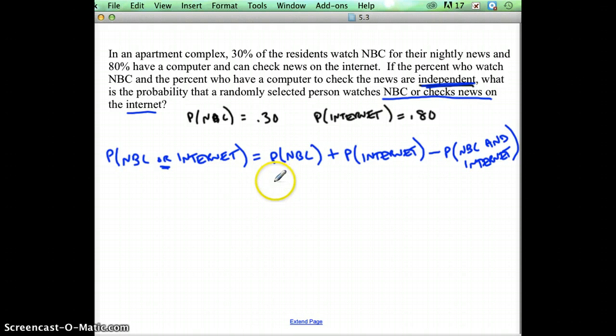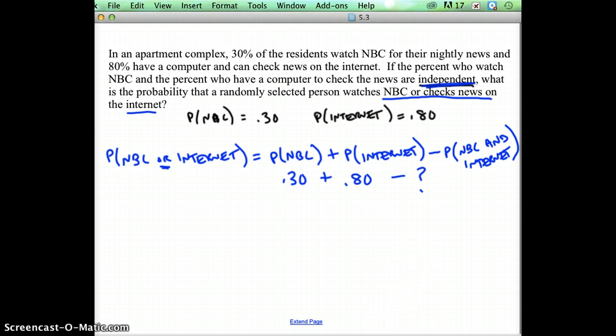Okay, so the probability of watching NBC, they told us, is 0.30. The probability of having a computer to use the internet is 0.80. And now we need to subtract off the overlap. Okay, what is the overlap?